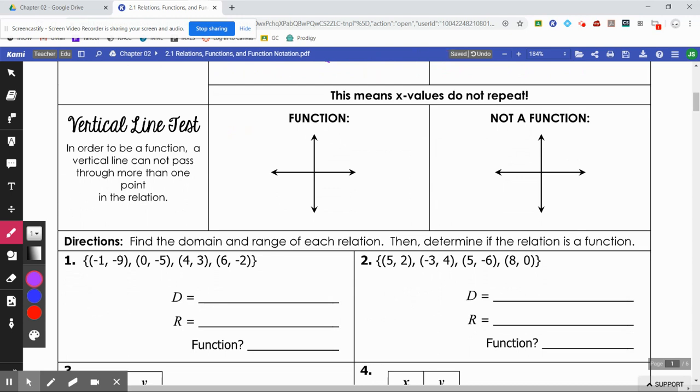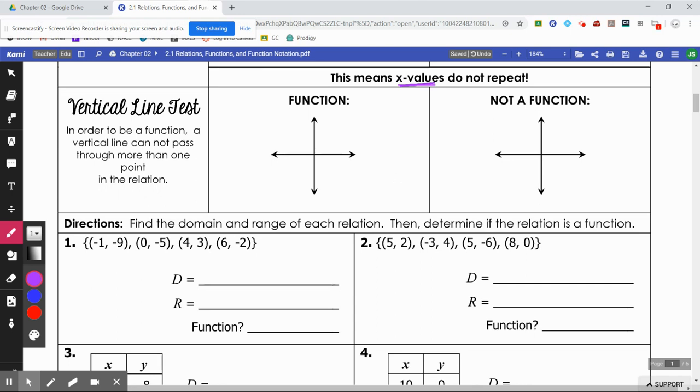Okay, a vertical line test is a way to see if something is a function. X values cannot be repeated in order for it to be a function. So therefore, let's think about what that would look like on a graph. Let's look at points to begin with.